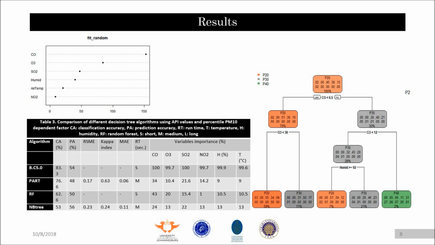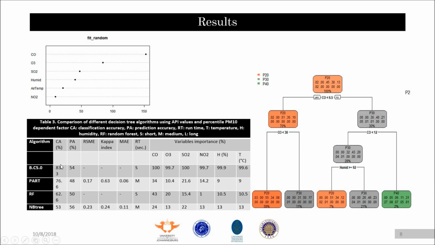Also here in table 3, you can see the values of the prediction using this algorithm, the variable importance based on those 4 algorithms. We see that the C5 shows us the highest classification, while the prediction as well, as we mentioned, because it is just 2 months, so it's still tricky.